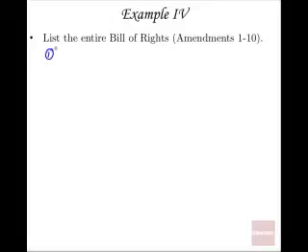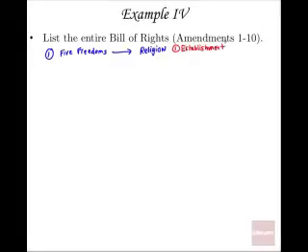Okay, so amendment number 1. So let's go with amendment number 1. So you have the 5 freedoms. And what are the 5 freedoms? And in the right order, you have the freedom of religion. And again, freedom of religion can be broken down into Establishment Clause, where the government cannot establish a religion, and also the Free Exercise Clause.